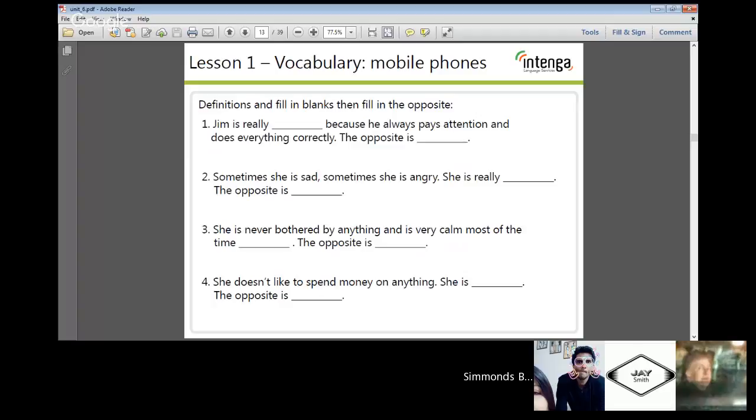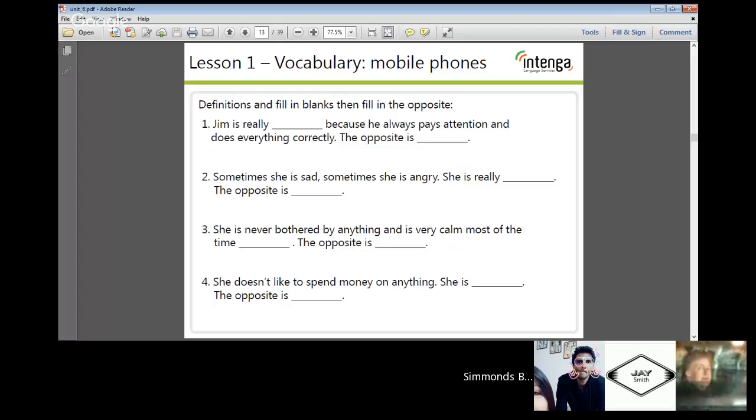Do you want to read, Raccoon? Sure. If you don't know the answer, that's fine too. It can be a group thing today. Yeah. So I'm just going to read without filling the blanks. Okay. So Jim is really dash because he always pays attention and does everything correctly.